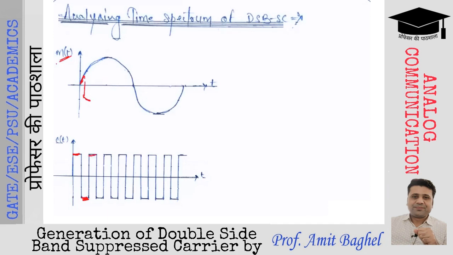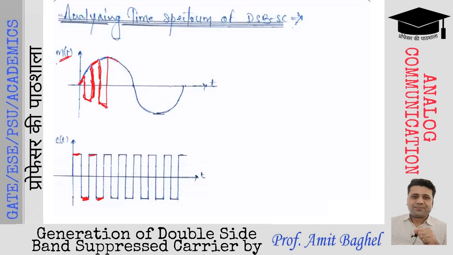During this time, again, c(t) is +1 multiplied with m(t), you will get plus of m(t). But during this time, when c(t) is -1, you are going to get the minus of m(t). So we are going to get such a signal.